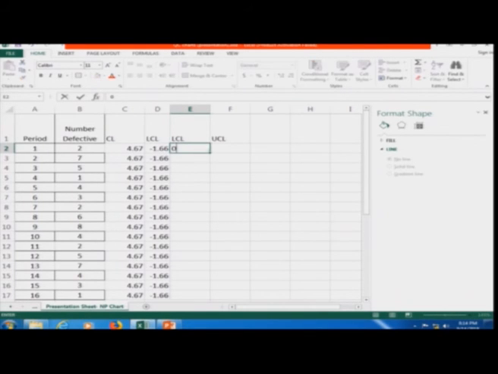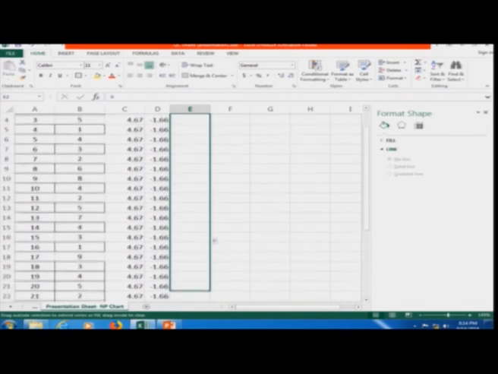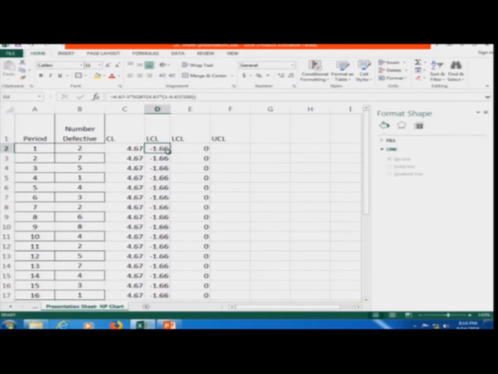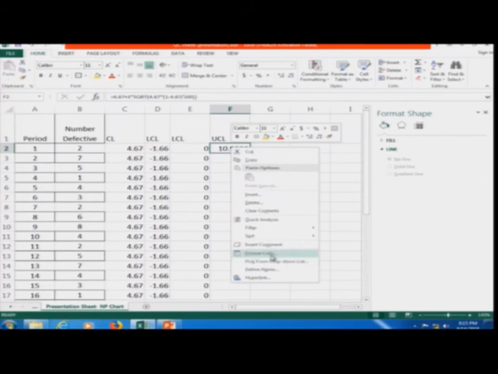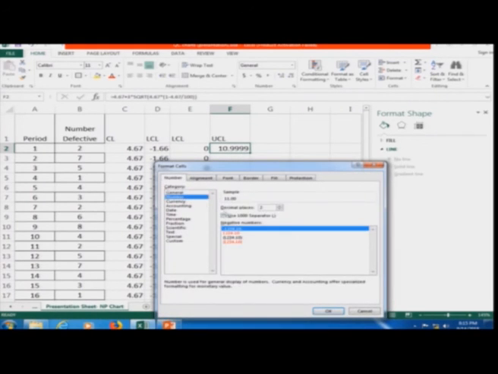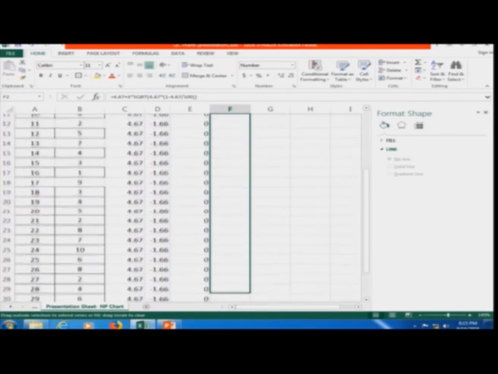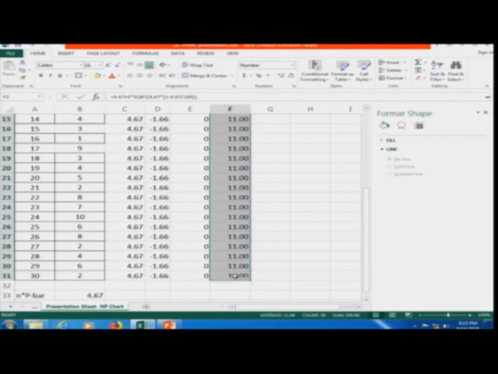And for the upper control limit, we can just put plus here. This value is 0, and I can bring this value to the second place of decimal. This value is 11.00 and it is here.